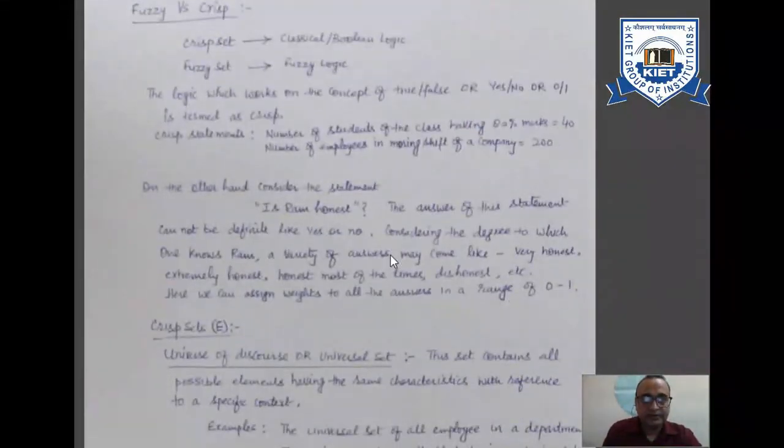Now, coming to the fuzzy set and the crisp set. Crisp set, again I'm saying, is the classical set, which you are already aware of very well. One logic works behind the classical set, and that logic is boolean logic. You know it very well from class 11th, 12th, or even first year.